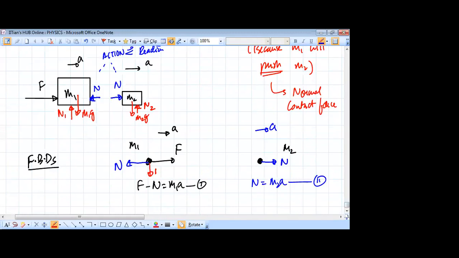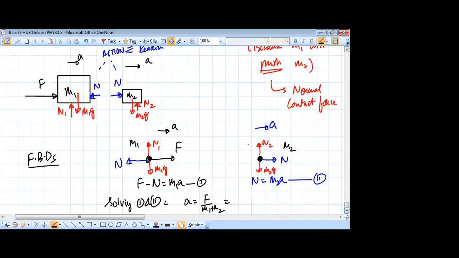So whatever weight is getting balanced by N1, and whatever weight is getting balanced by this normal reaction N2. So now solving equation 1 and 2, you will get A as F upon M1 plus M2. So that will come out to be 5 newtons divided by, how much was it? 3, no?